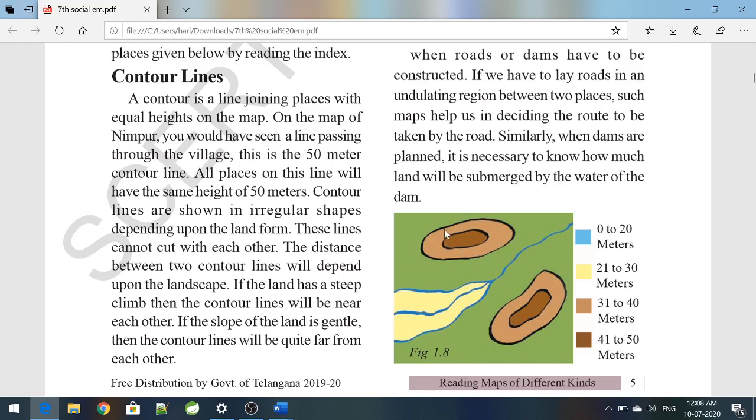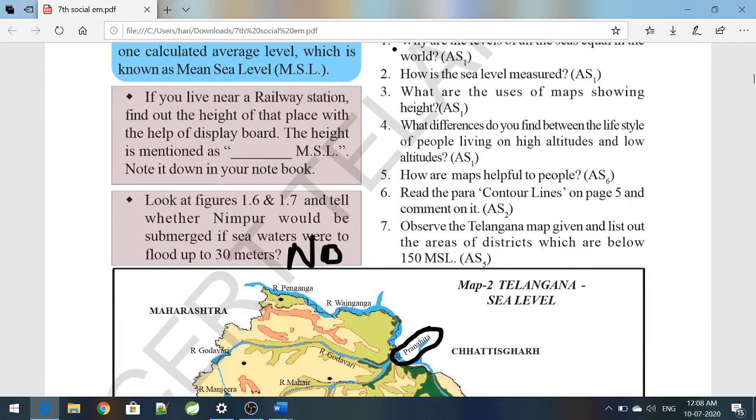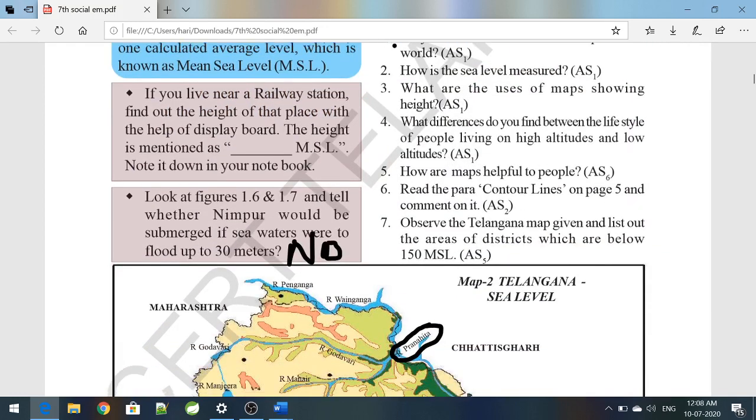They will not be in a regular line, they will be like this, because we can't say that there will be the same height throughout. So we use an irregular pattern for drawing a landform map when we use color. That will be the answer for this 6th.